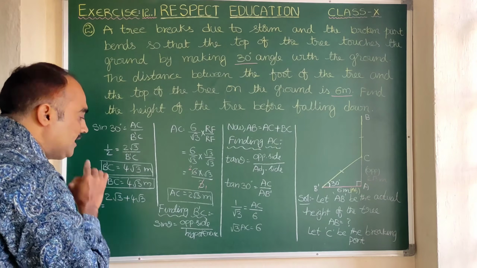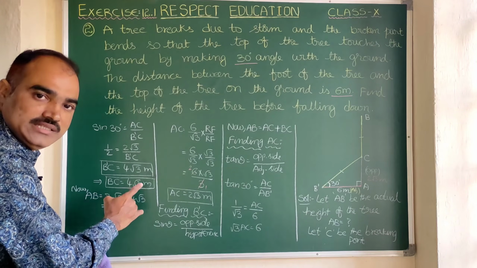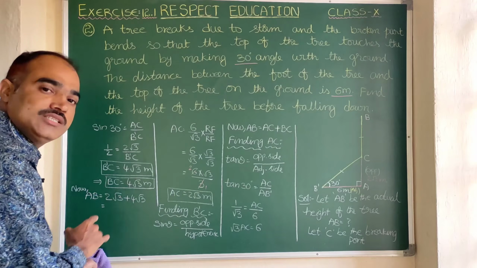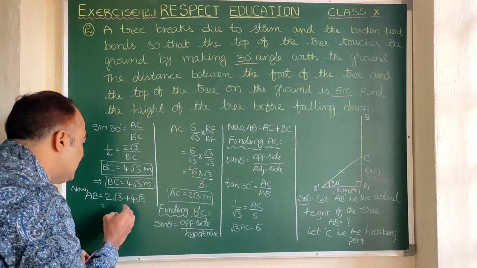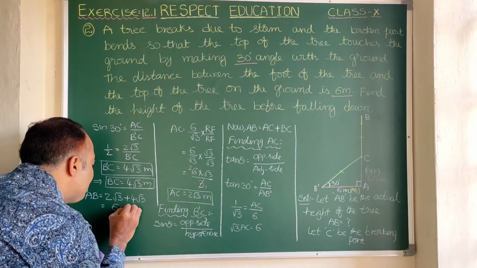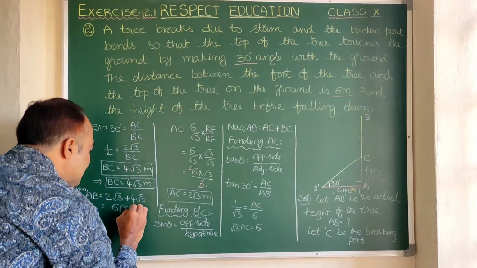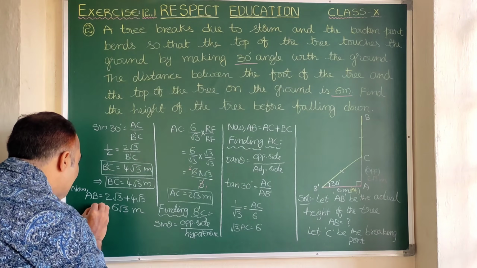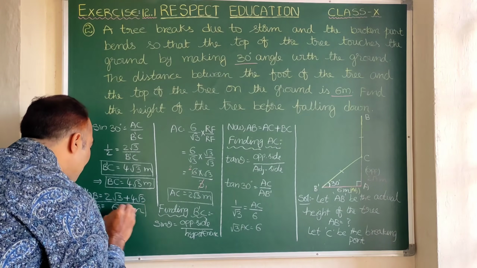In these two you can take root 3 common, then root 3 into 2 plus 4, 2 plus 4 is 6, so 6 root 3. Or you can add directly 2 root 3's plus 4 root 3's, total 6 root 3's. Everything is in meters, so AC is also in meters, so AB is also in meters. So finally we got AB.